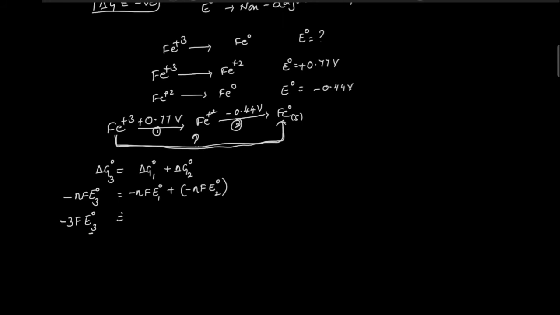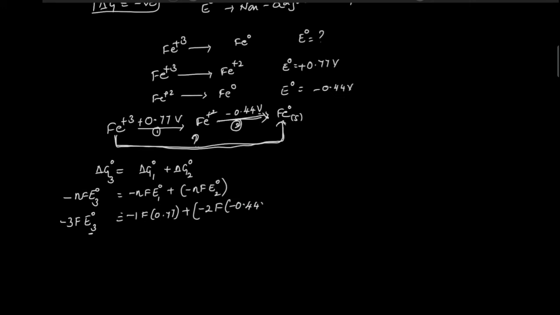This is equal to, for the first reaction Fe plus 3 to Fe plus 2, only 1 electron involved. What is the value of E naught? E naught 1 is plus 0.77 volt. Plus, how many electrons are involved in the second reaction? Here, in Fe plus 2 to Fe0, there is the involvement of 2 electrons, minus 2 into F into what is the value of E naught?